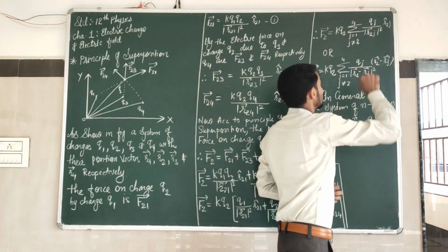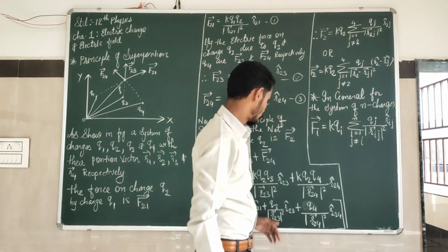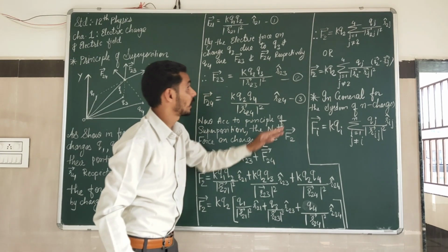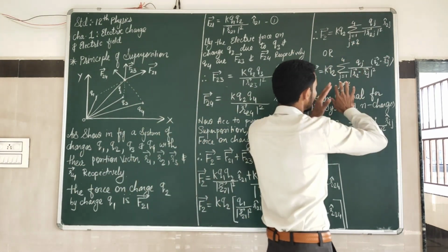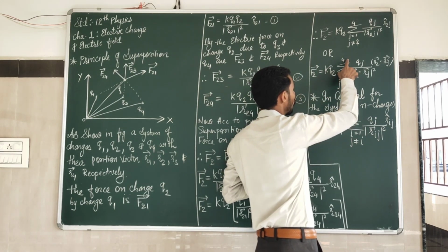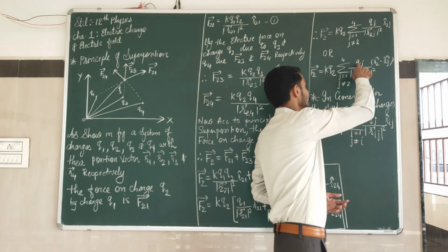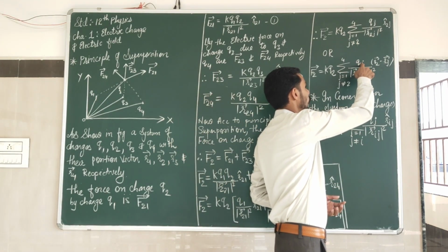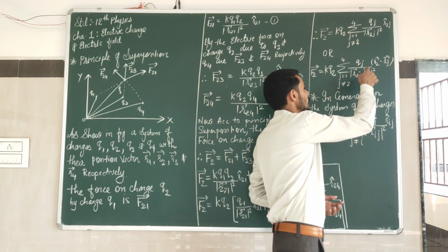And after that R2j magnitude square R2j cap. So the entire system can be represented in that form. Clear? Or further you can expand it, taking the summation again, j equals 1 to 4 except 2. 2 you cannot include. Qj, here all the values of j will be there from 1 to 4 except 2, and R2 minus Rj.